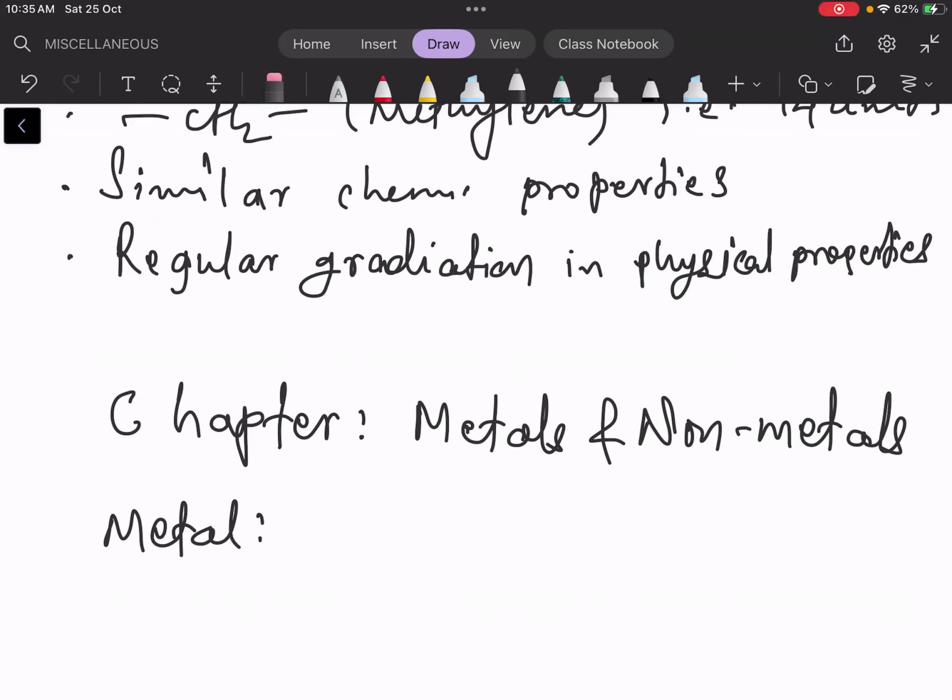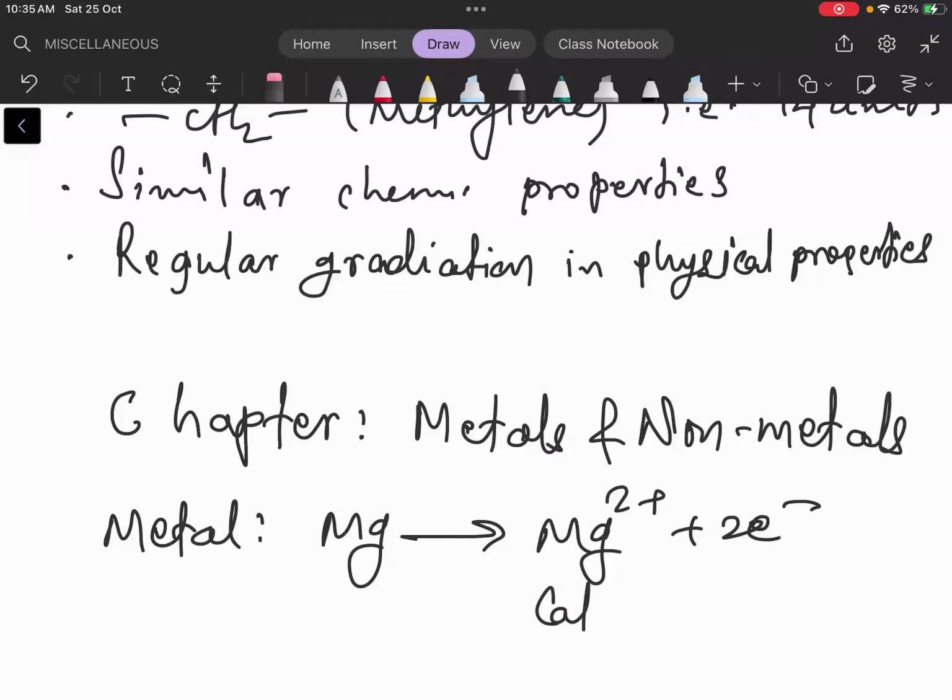Metals are the elements. They have a tendency, for example magnesium, to lose electrons and get converted to a positively charged cation. Okay, this is what? Magnesium metal.